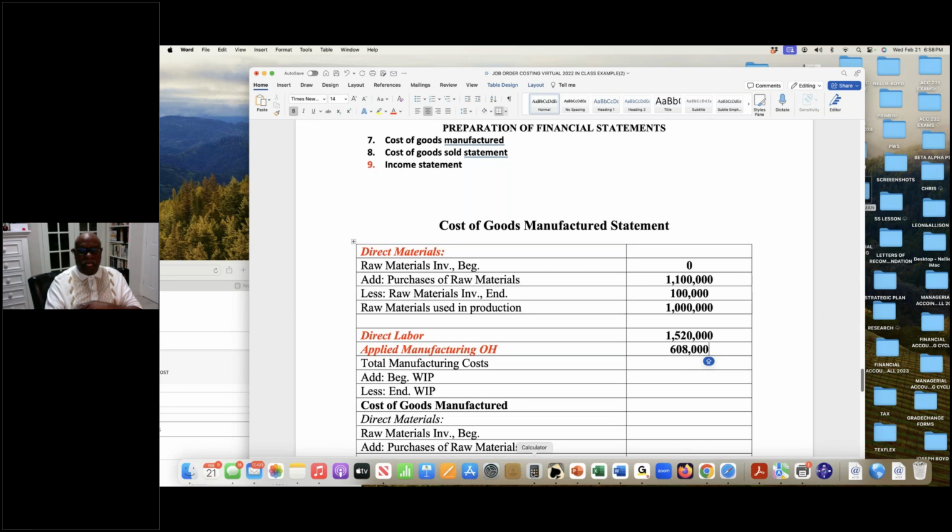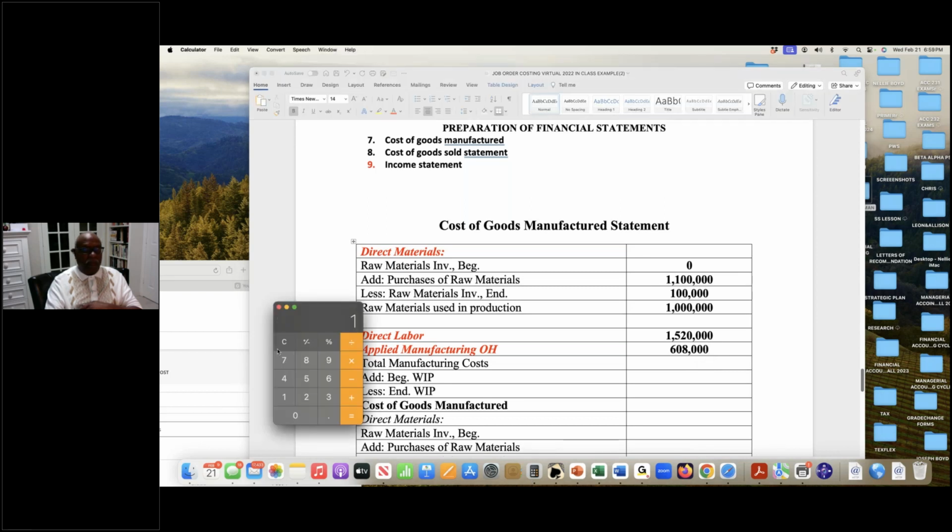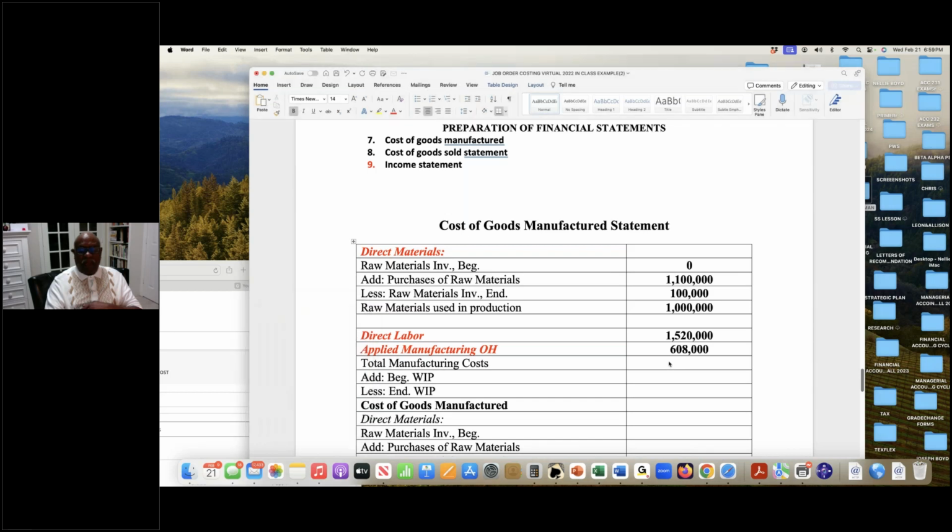If we add those numbers up with the 1,000,000 of materials, 3,128,000 was the total manufacturing cost.